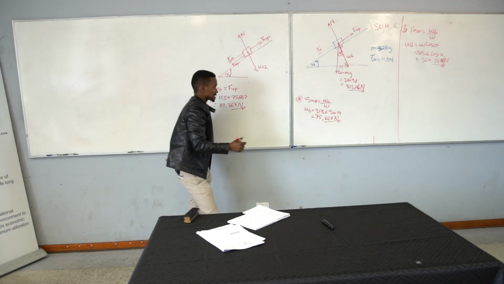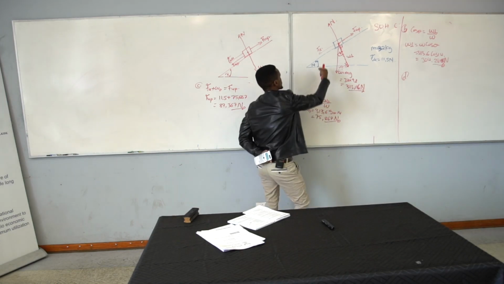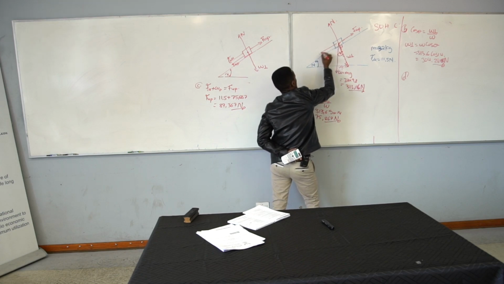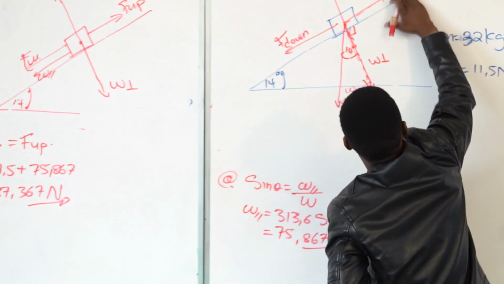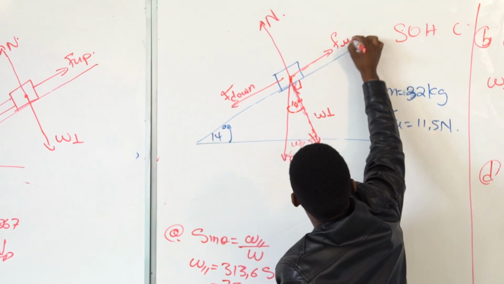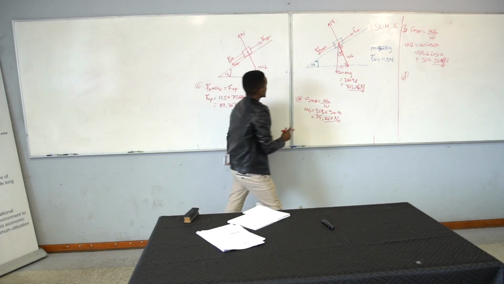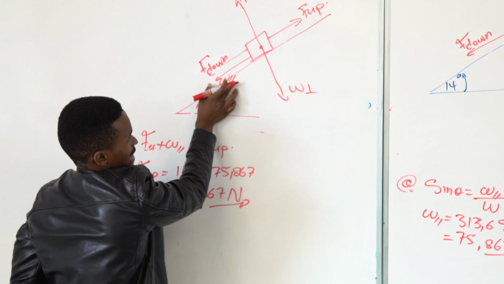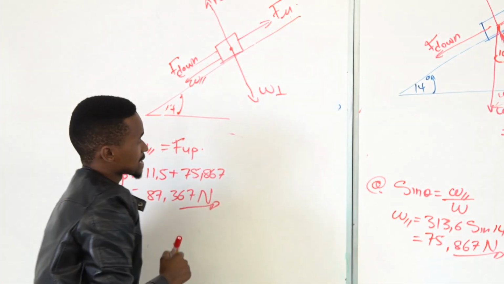Now, the last question, D, was to calculate if we're pulling down the incline. If we're pulling down the incline, this will be the F down, and then that side will be our frictional force. Then if you want the equation for that, you have F down here, the force down, the weight parallel is still in this direction, and this will be the frictional force in the opposite direction.